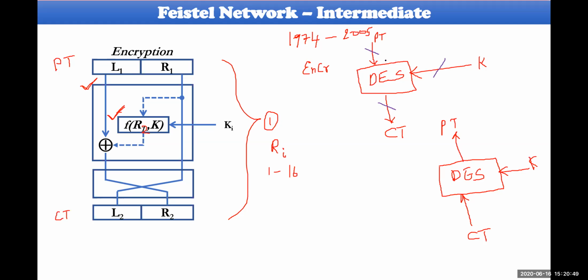So the size of plain text is 64 bits. Obviously, if you give an input to DES of 64 bits, then the output is also 64 bits. And what is the size of the key here?